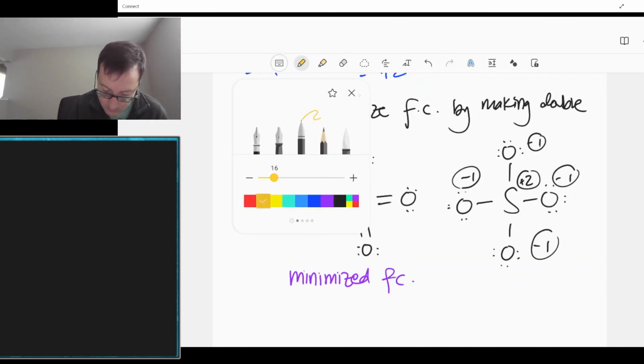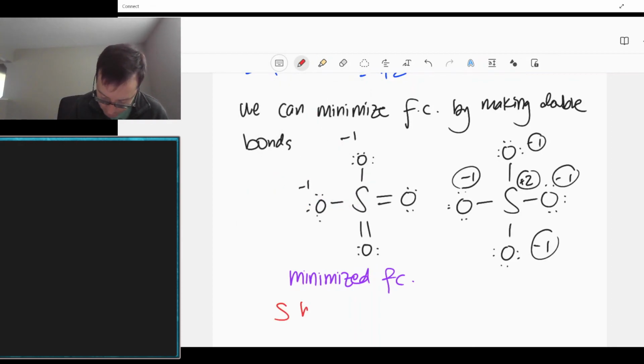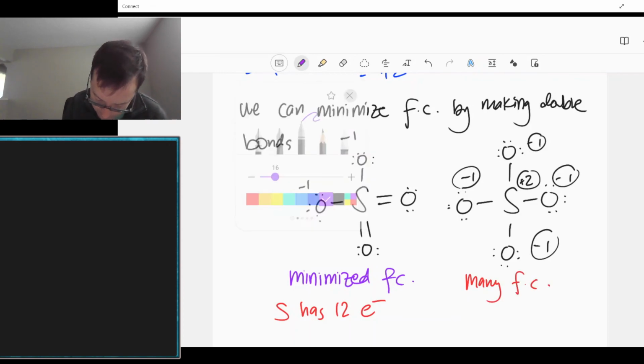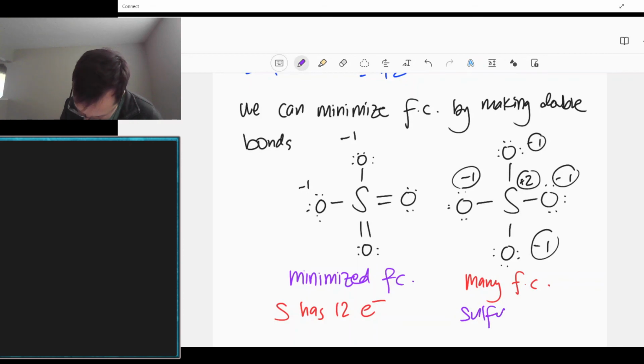However, we see that now sulfur has exceeded its octet. On the other side, we have the opposite. We have many formal charges, but our sulfur has an octet.